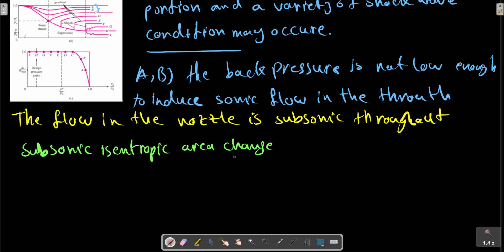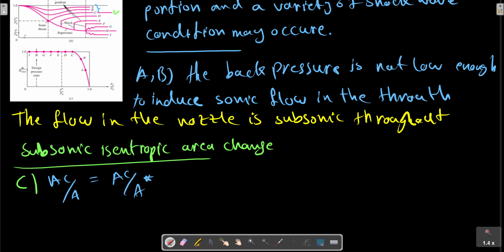For curve C here, the area ratio exactly equals the critical ratio, A_C over A star for a subsonic Mach number.